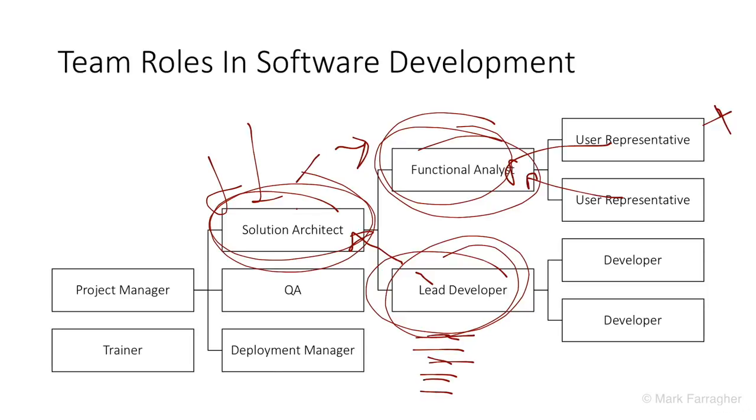So the lead developer talks to the architect and implements the architectural specification and produces lines of code. And of course, the lead developer is the leader of a development team. So there will be a number of developers right here who work for the lead developer, basically, and help the lead developer to implement the architecture and write all the code. The lead developer is kind of like the leader and the mentor of the entire team.